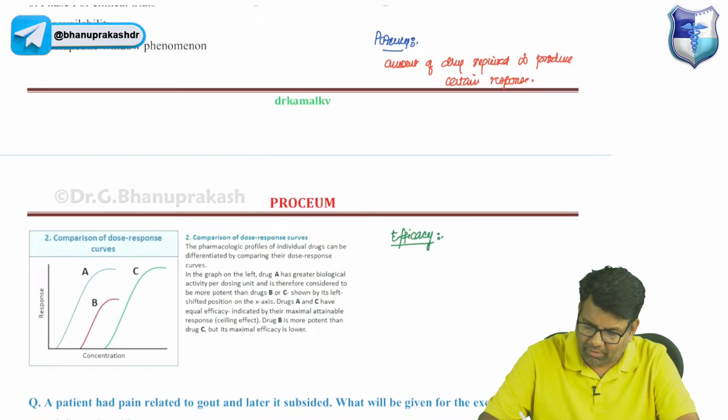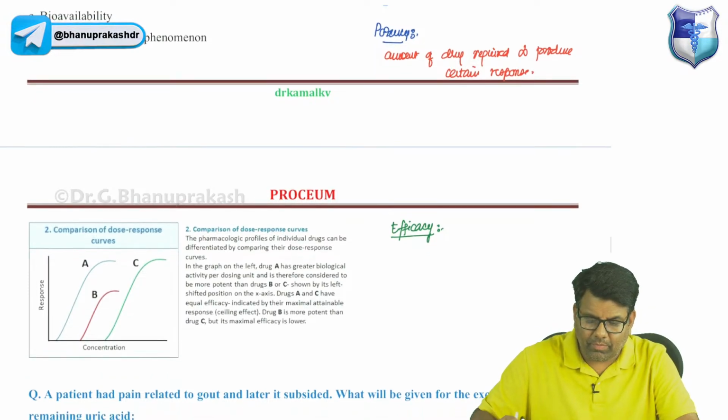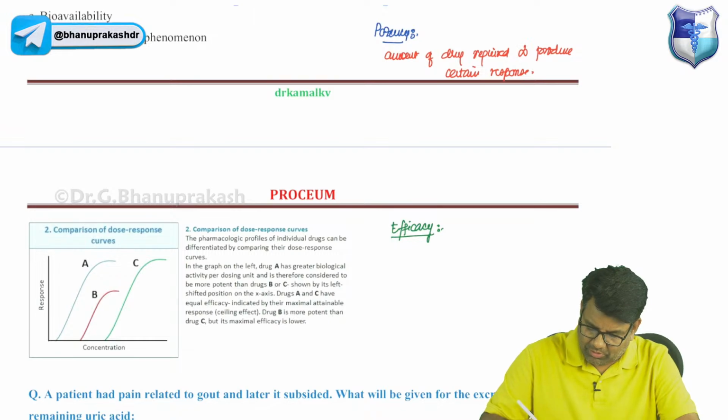Suppose if you see in the graph, if you compare the drug A and B and the A and C, sorry, it's better to compare A and C. So, this is the desired response. Suppose this is the response we are expecting.